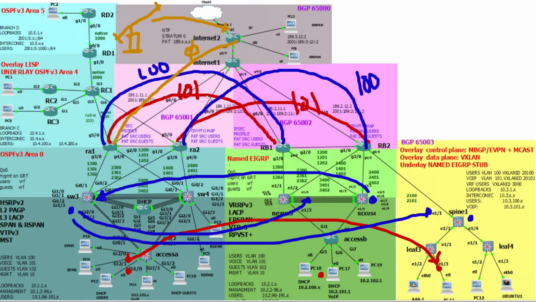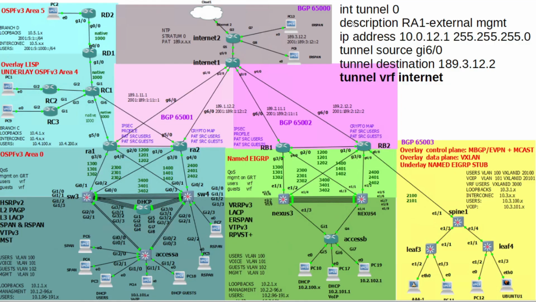So far so good. However, there is a caveat here though. Remember that we built this lab using a VRF that we named the Internet VRF, where the source interfaces and destination IP addresses live in order to build the tunnel. So given we are going to configure several tunnels, we need to let them know that the source interface and the destination IP addresses all live inside the Internet VRF.